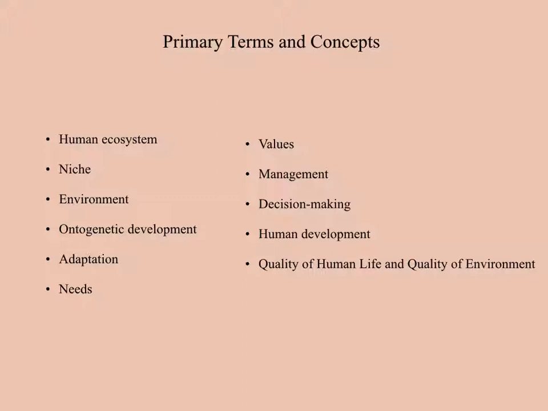And then there's human development. So this is when a person matures and learns about very different and broad things that are within their environment and how it affects them over time. We have human development. And then there's quality of human life and quality of environment.